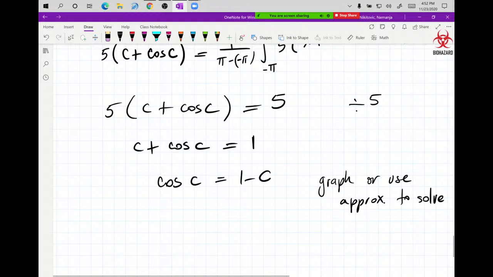All right. But you can definitely graph both of these functions and look for their intersection. And whatever x they intersect at, that's your value c. But again, more on that and better options and problems and everything in chapter 11 of Calc 2. So I don't want to bother you with those things now.